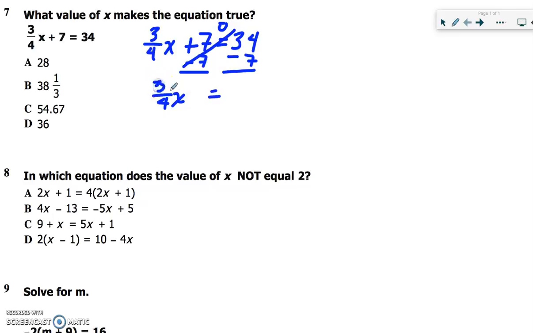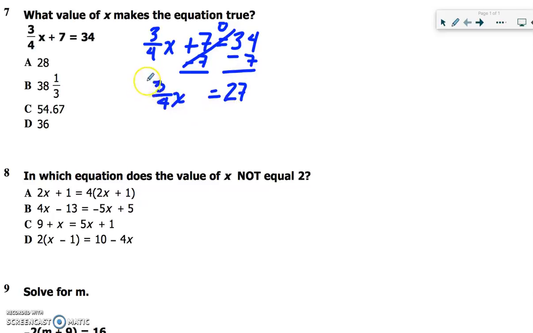And therefore I'm left with 3/4 x equals 34 minus 7, which leaves me 27. Now, I just want to make sure I check my math, because I don't want to make any mistakes on here. Since I have a calculator, I'm using it because I'm a little sleepy.